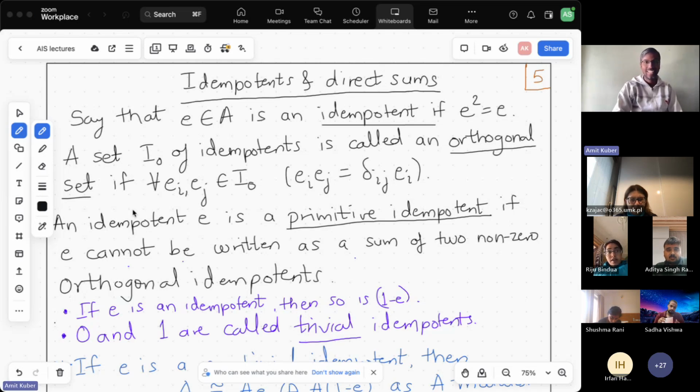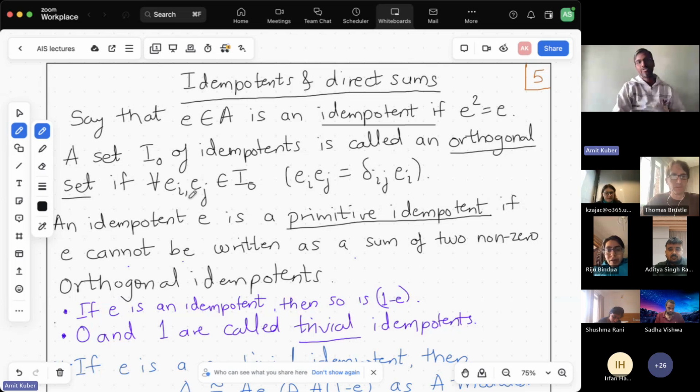That's correct. Okay, so we say that a set of idempotents is an orthogonal set of idempotents if whenever you multiply two elements, then e_i e_j is equal to e_i if i is equal to j, otherwise it is zero.